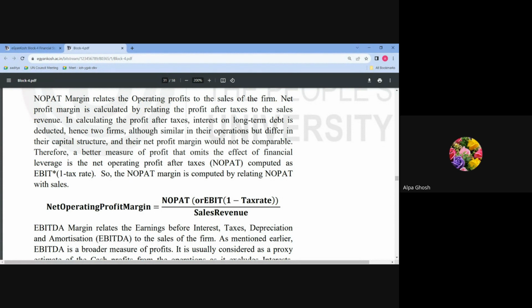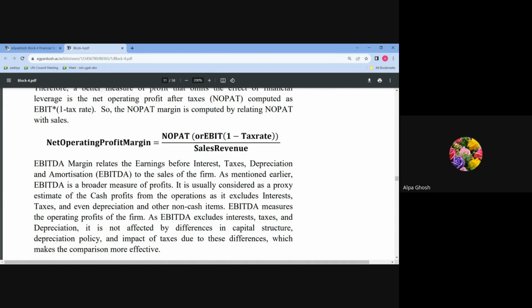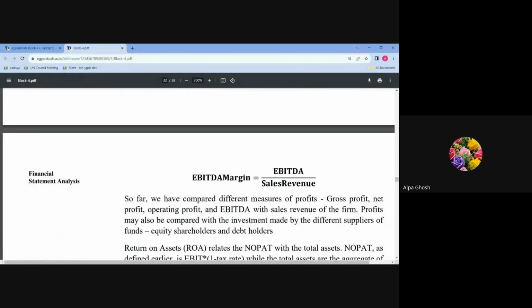It can be EBIT times (1 minus tax rate) also. EBIT is earnings before interest and tax, divided by sales revenue, and then we have EBITDA margin. Its margin is earnings before interest, tax, depreciation and amortization, divided by sales revenue.